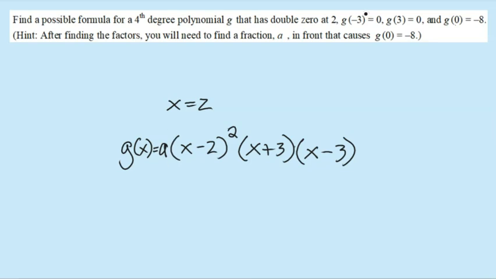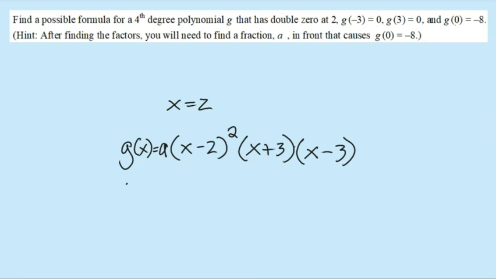Now look at this hint. It says after finding the factors, which we just did, you will need to find a fraction, a, that's right here in the front, that causes g of 0 to equal negative 8.